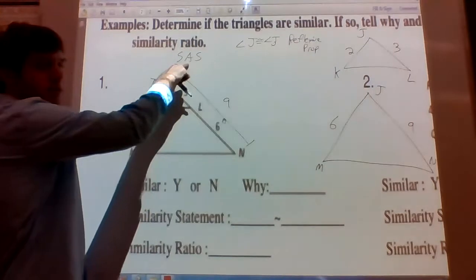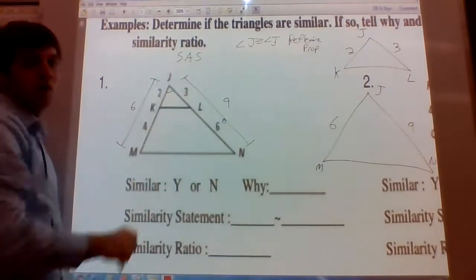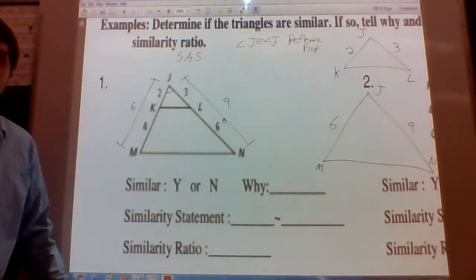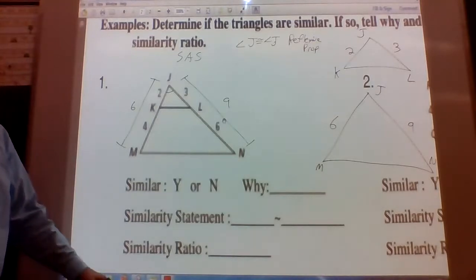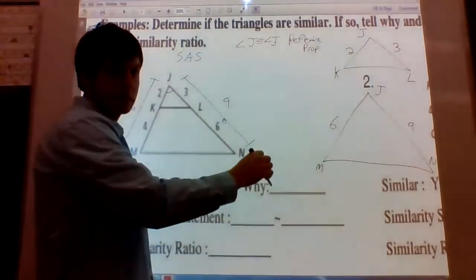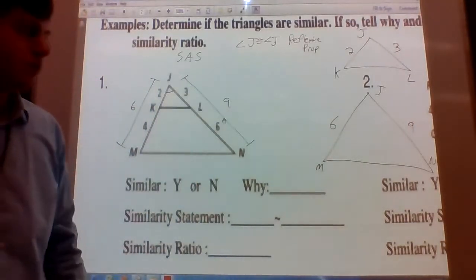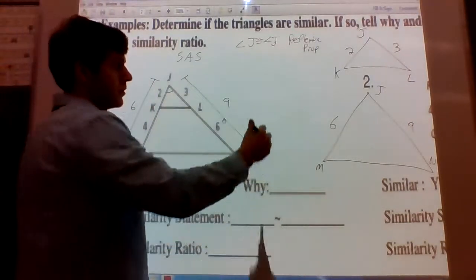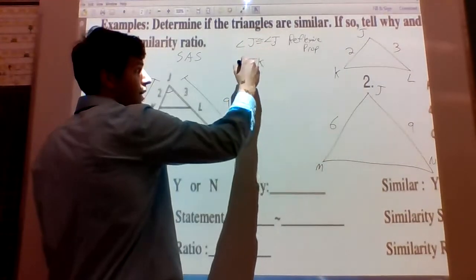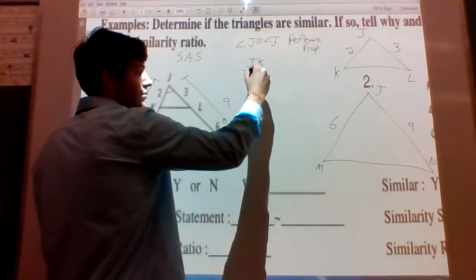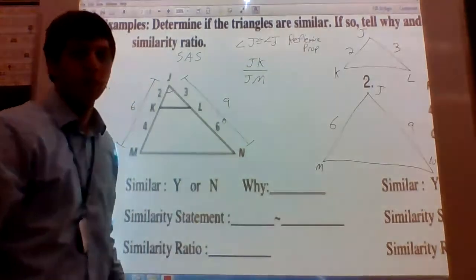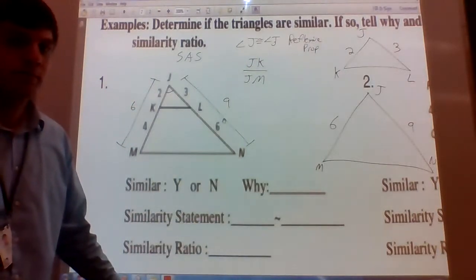Okay, so side, angle, side has one angle, the included angle, and then we need to show that the 2 pairs of corresponding sides are proportional. So we have to set up our proportion. A proportion is 2 ratios that are going to be equal. JK corresponds with JM, so our ratio is going to be JK over JM.